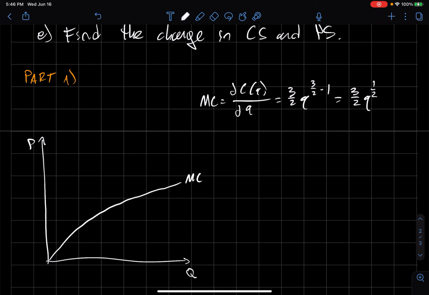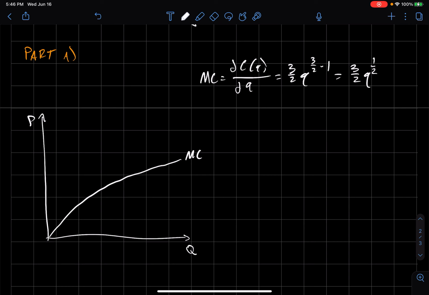Call this marginal cost. But we always have to worry about cases where average variable cost intersects marginal cost. So if this were AVC, then our marginal cost would not be the supply curve for every Q. We'd have this shutdown condition, which would give us 0 at some quantity before we reached a quantity of 0.